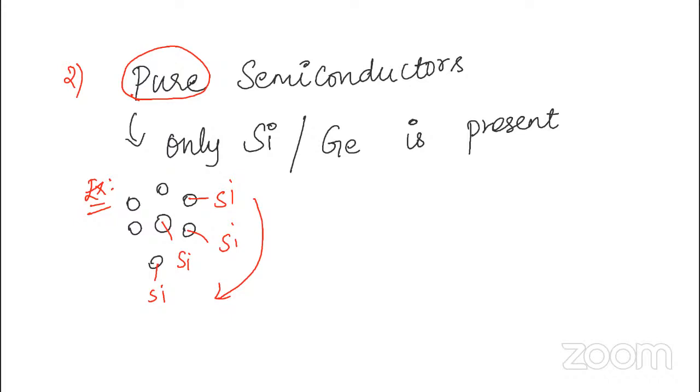And here we can go for the bond. What type of bond is there? Mostly silicon and germanium make a bond formation. When silicon and germanium form bonds, in intrinsic semiconductors it is mostly a covalent bond.